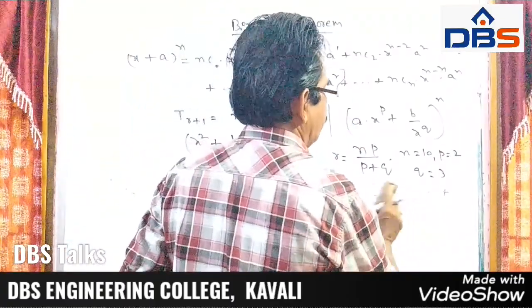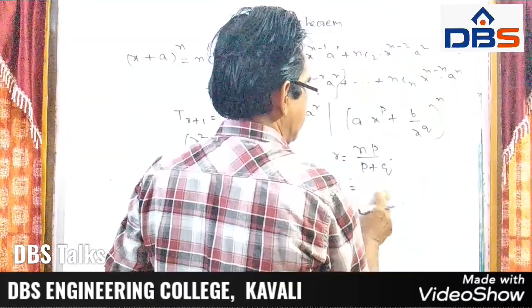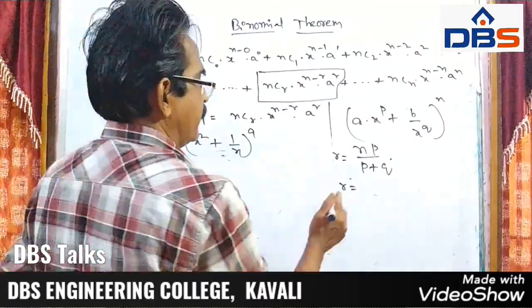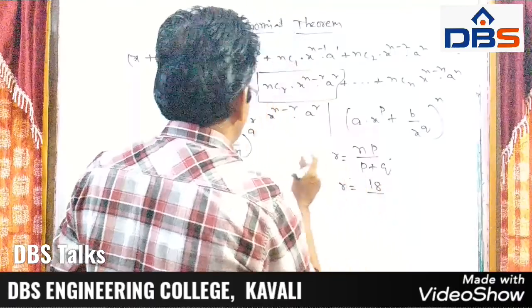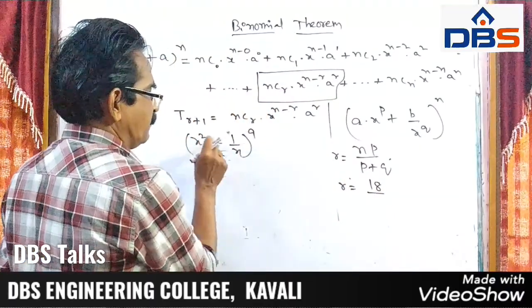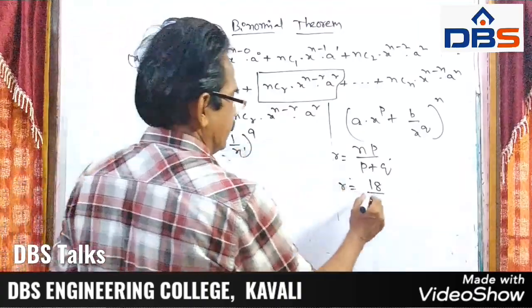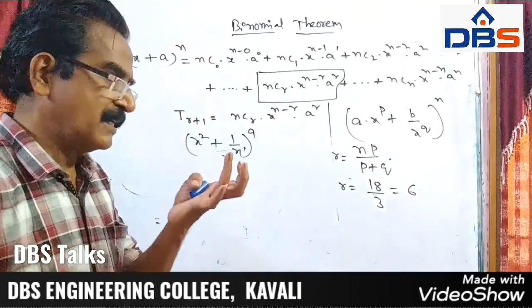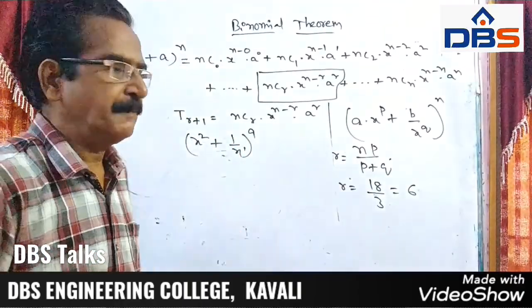Term independent of x means you have to find first r. np: 9 twos are 18, n into p by 2 plus 1, p plus q, q is 1, 2 plus 1 is 3, 3 sixes are 18, r is equal to 6. That is, the seventh term is the required term.